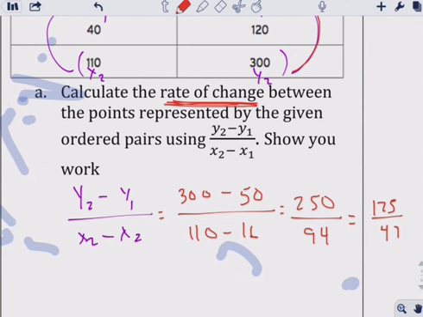Now 125 divided by 47 for the unit rate of change.